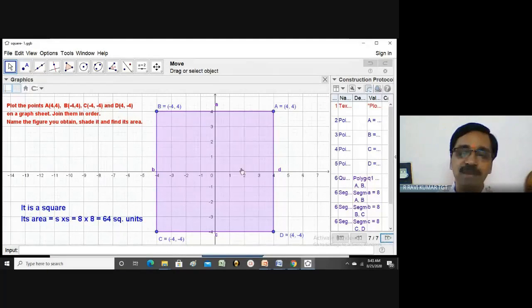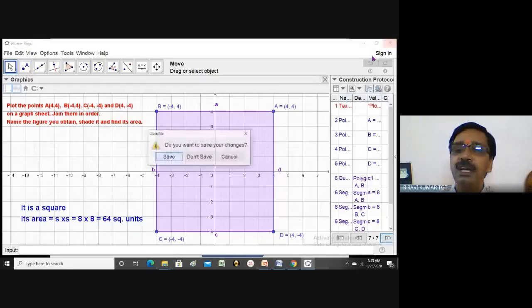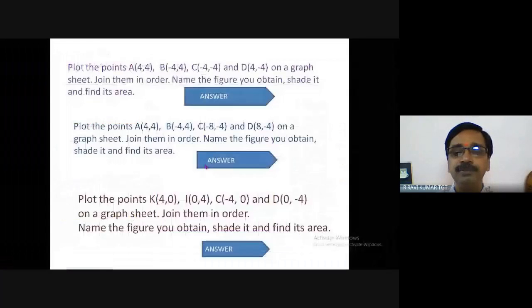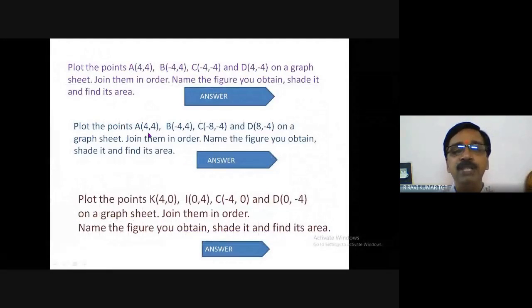Shall we move on to the next question here? Right. Now, plot the points A (4, 4), B (-4, 4), C (-8, -4), D (8, -4) on a graph sheet. Join them in order to obtain a figure and find its area.